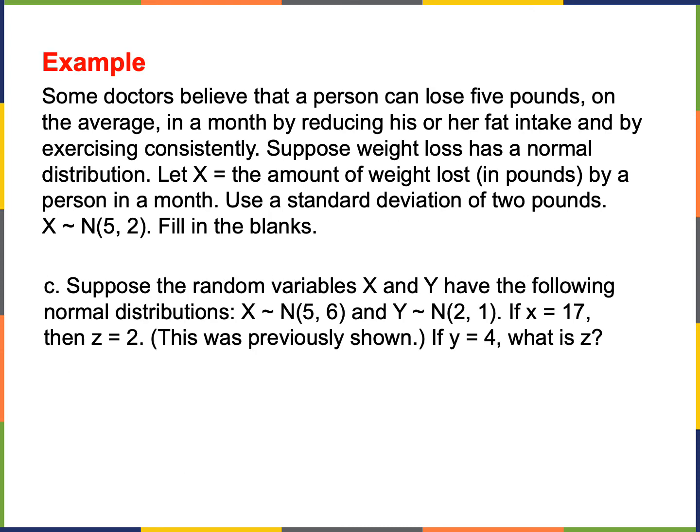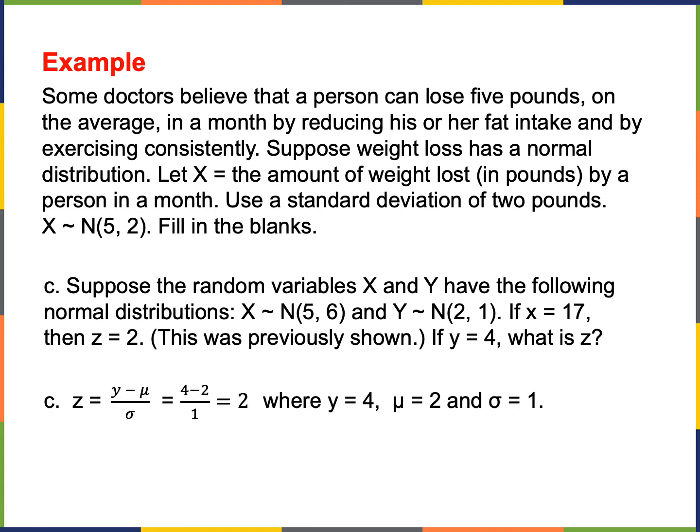All right, one more time. Here we have the same situation, and now this is different. We have 2 different distributions here. We have x is normally distributed with a mean of 5 and a standard deviation of 6. And we have y is normally distributed with a mean of 2 and a standard deviation of 1.